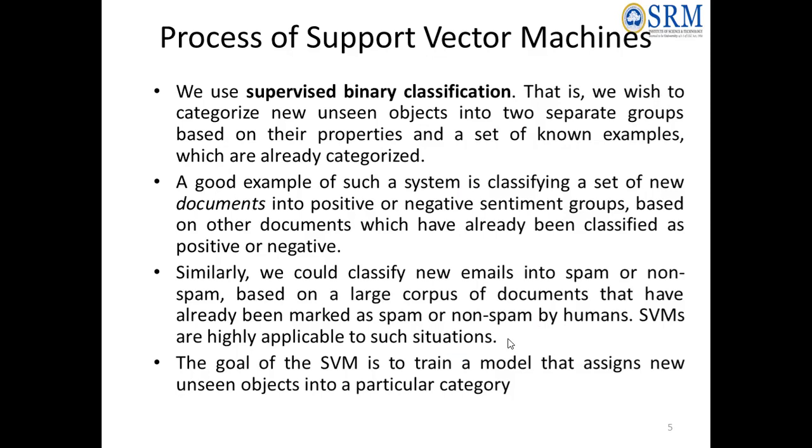We are going to classify dog separately and cat separately. If you want to model that accurately to identify whether it is a cat or dog, the model should be created using the SVM algorithm.